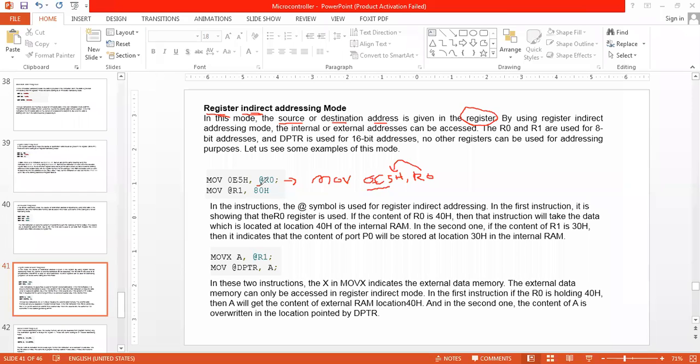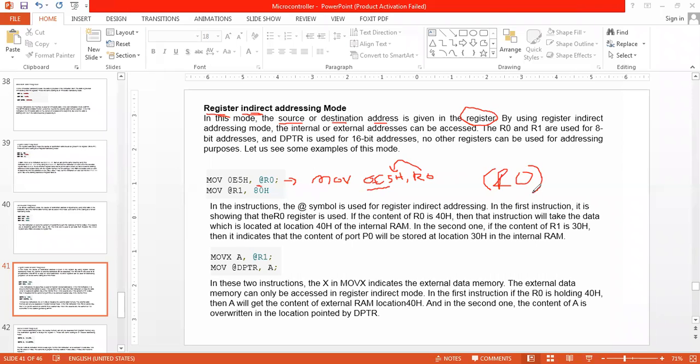If I don't use the @ symbol, then the data of R0 is directly saved in the memory location E5H. Now what is happening with @R0? @R0 stands for the data where R0 points.